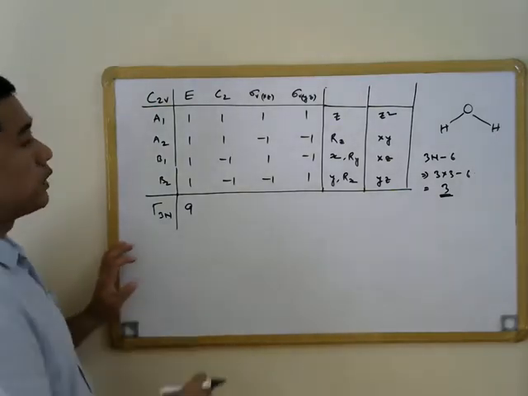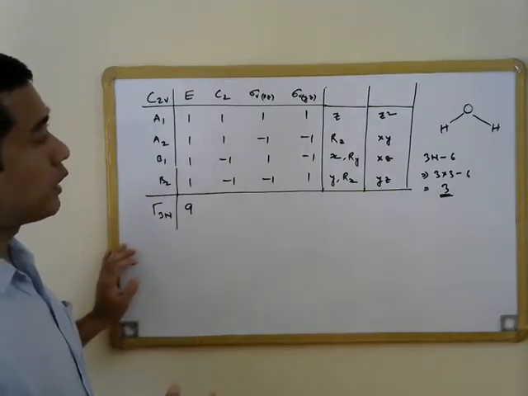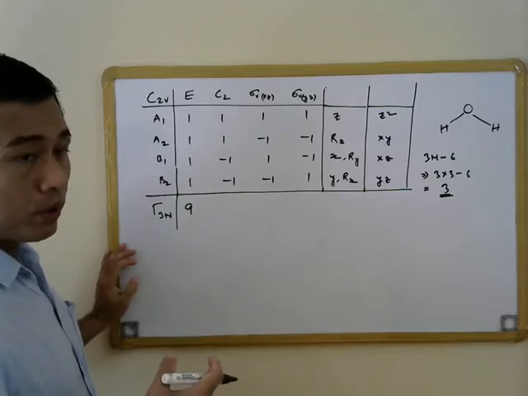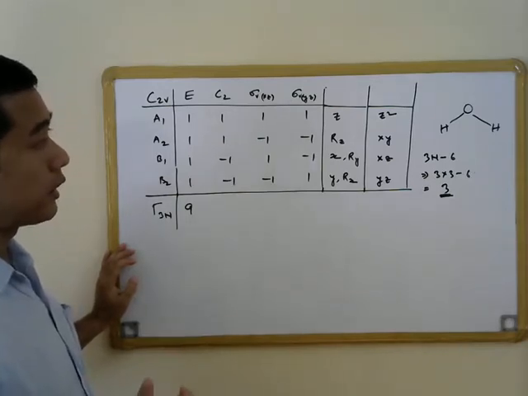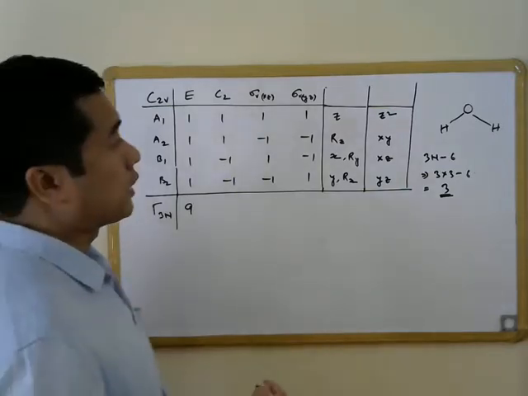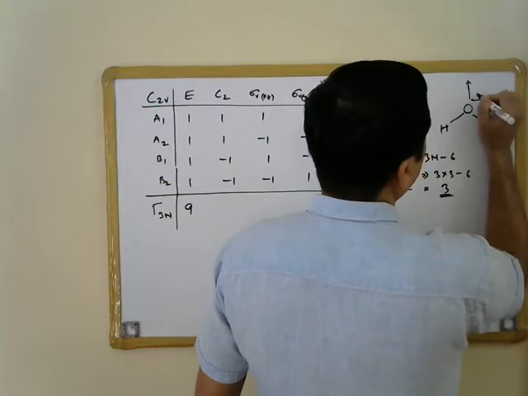Then if we do C2, we see that the two hydrogen atoms change position, and that is why the vectors on these hydrogen atoms do not contribute towards the character, and only vectors present on the oxygen atom are going to contribute towards the character.